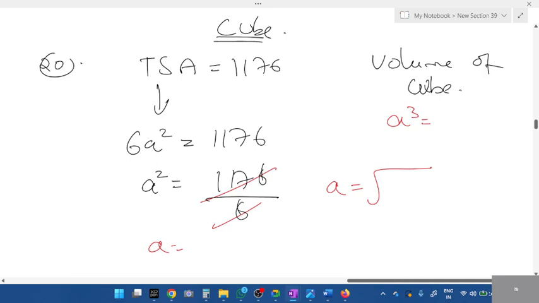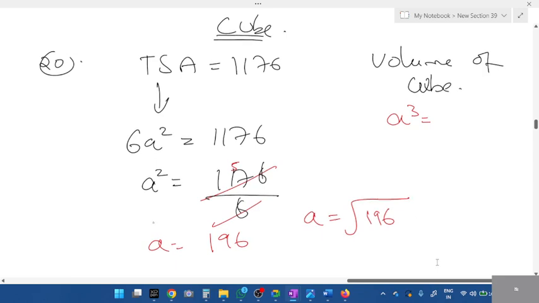Okay, what is the square root of 196? How many of you know the value directly, it is 14? Now we need to find a cube. a cube is nothing but 14 cube. Multiply 14 three times, that will give you the answer.